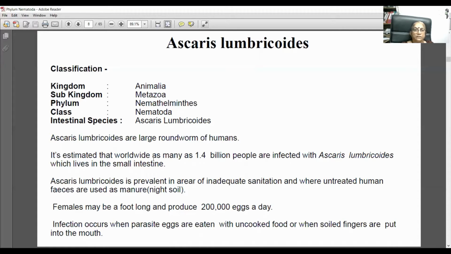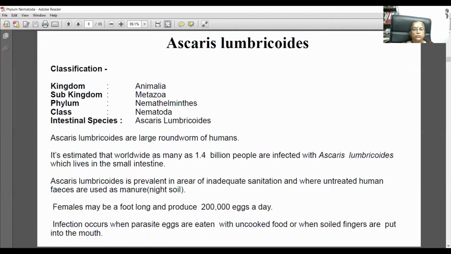Ascaris lumbricoides belongs to kingdom Animalia, subkingdom Metazoa, phylum Nemathelminthes. The class to which this Ascaris belongs is Nematoda. Ascaris lumbricoides is the species name, and it is an intestinal parasite. Common name is roundworm.